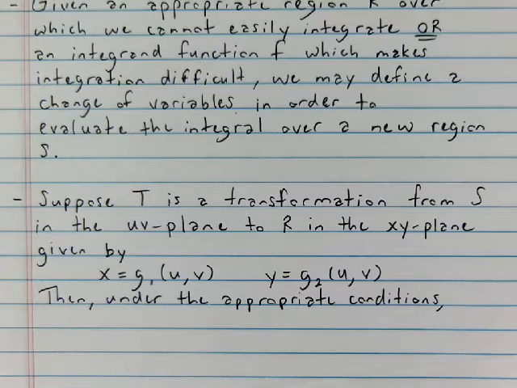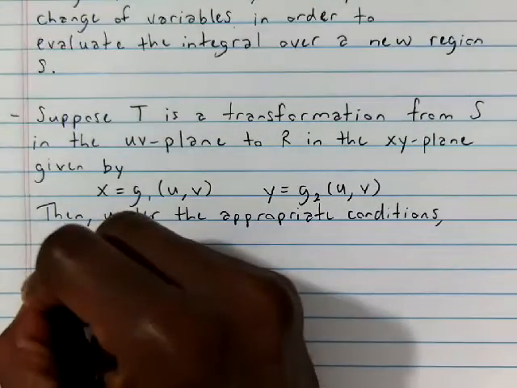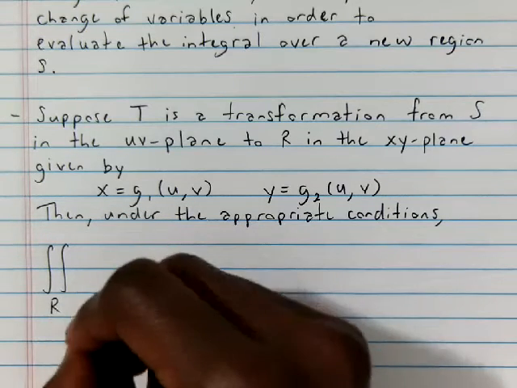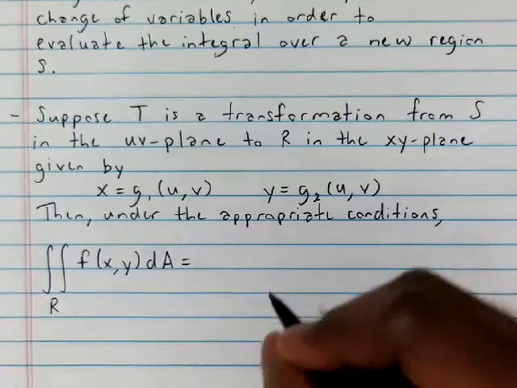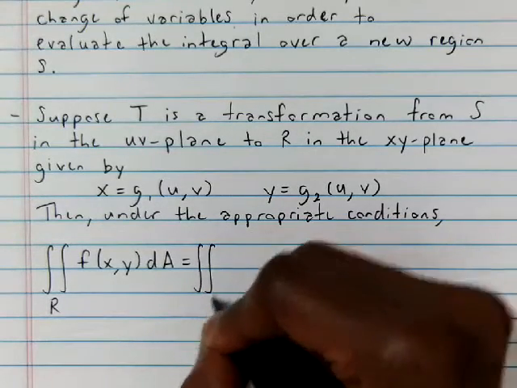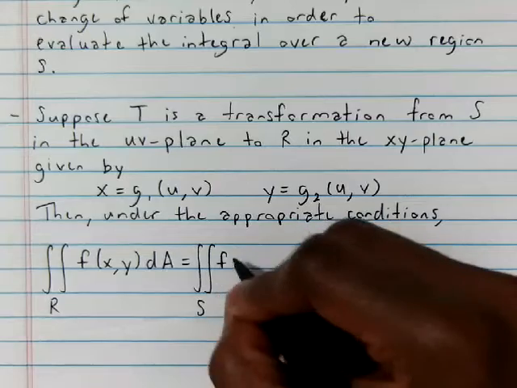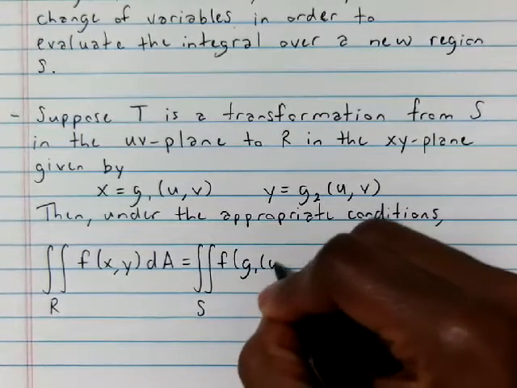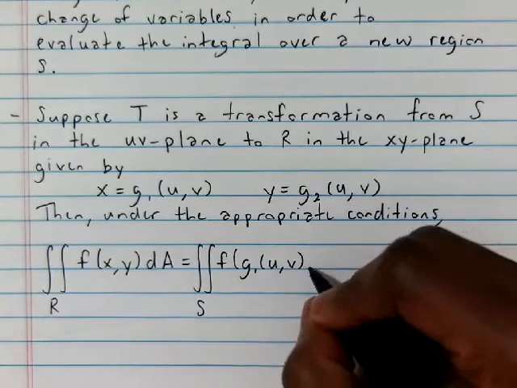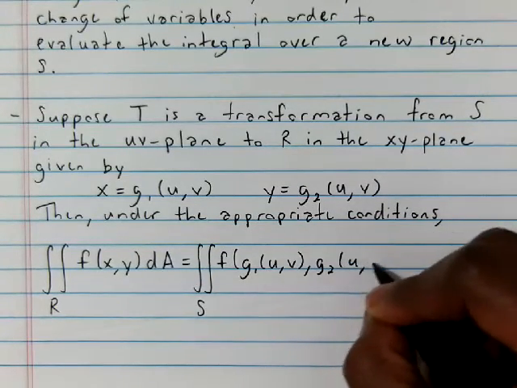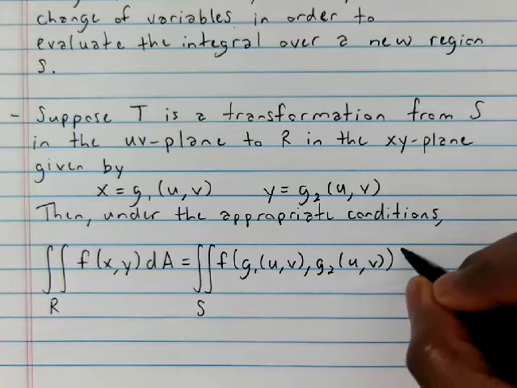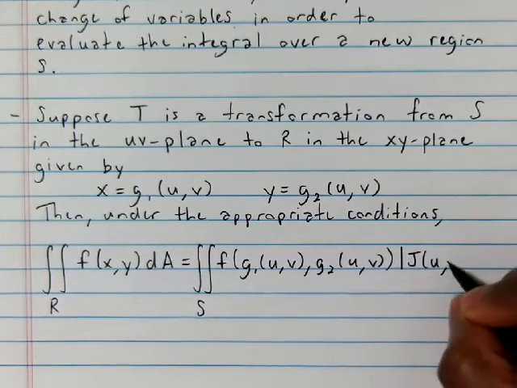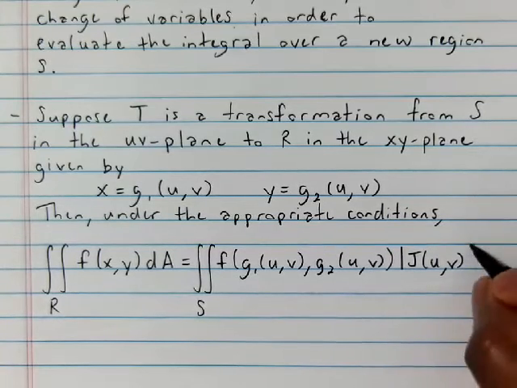So under the appropriate conditions, the double integral over R of f of x y dA equals the double integral over S of f of g sub 1 of u v, because that's what our x is, comma g sub 2 of u v, because that's what our y is, and then times the absolute value of J of u comma v, and I'm going to define what this is, and then dA.